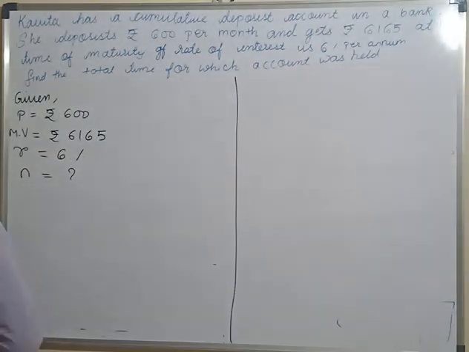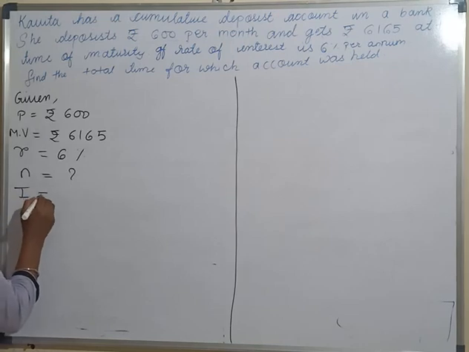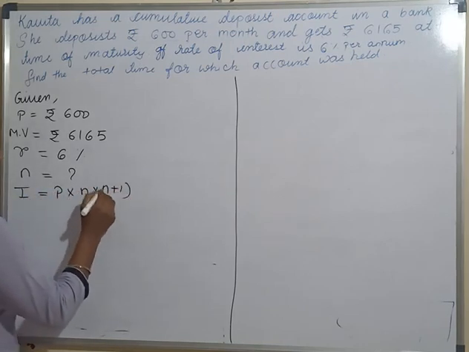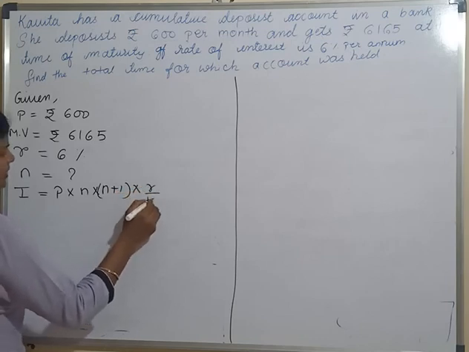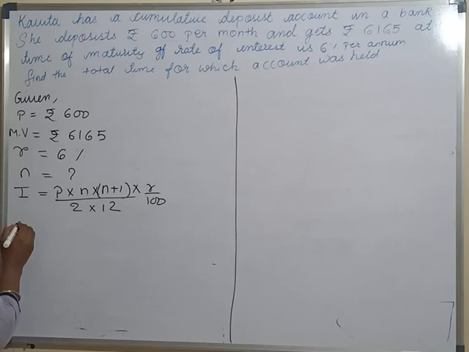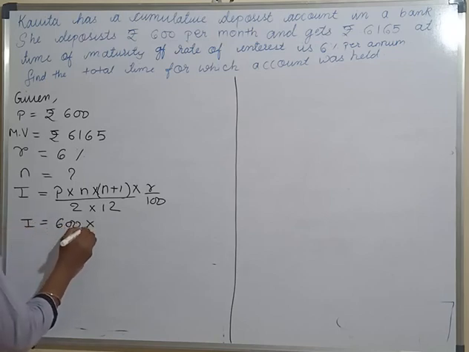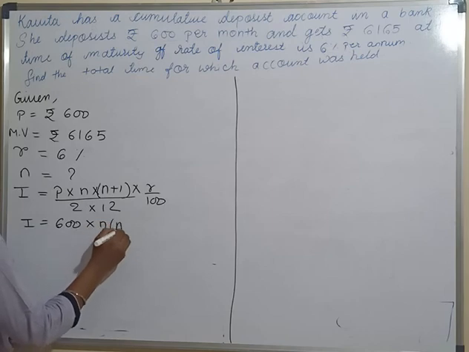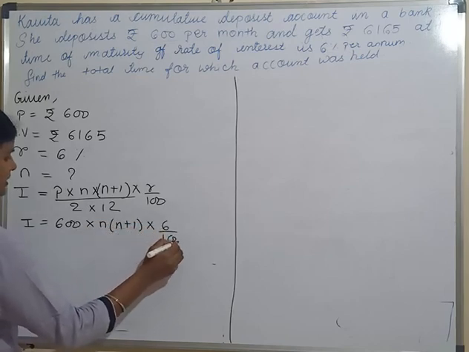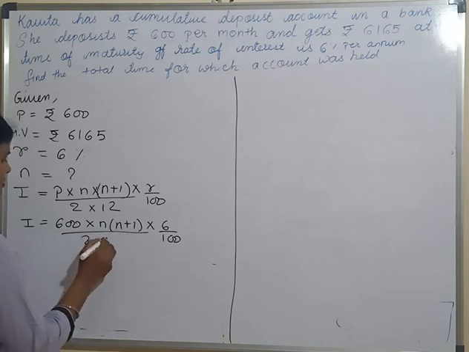So let's see, I equals P into n into n plus 1 into R upon 100 into 2 into 12. I equals 600 into n into n plus 1 into 6 upon 100 into 2 into 12.